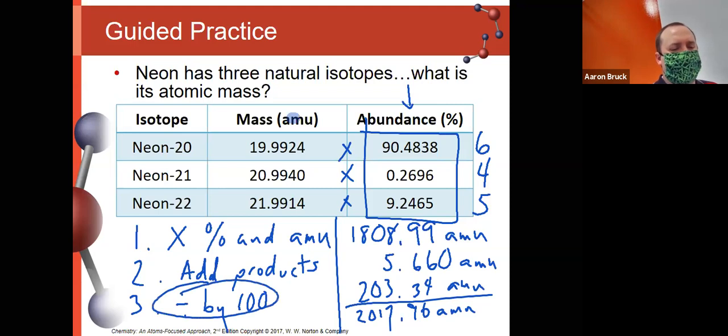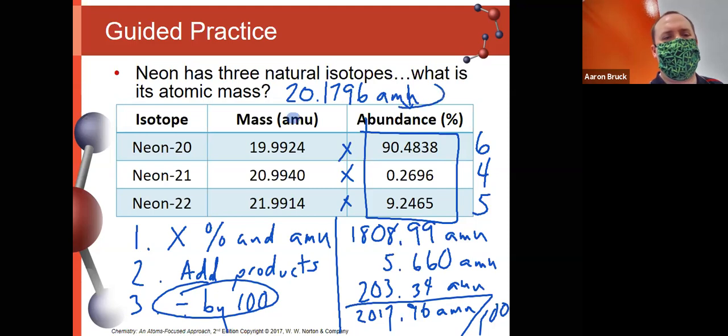That's where that last step comes in. I divide it by 100. The actual atomic mass is 2017.96 divided by 100, which would be 20.1796 AMUs.